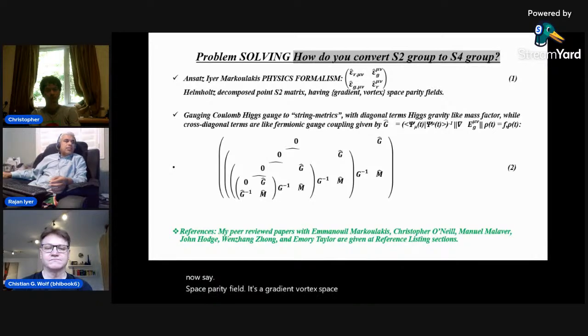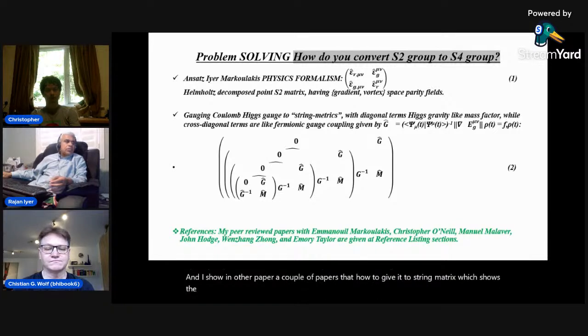Space parity. So that's an S2 type matrix, and I show in a couple of papers how to gauge it to a string matrix, where the diagonal matrix shows the charge aspects or the fermion aspects, and the cross diagonal shows the mass aspect, like the Higgs mass factor.